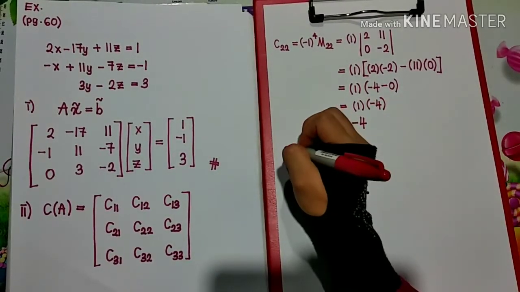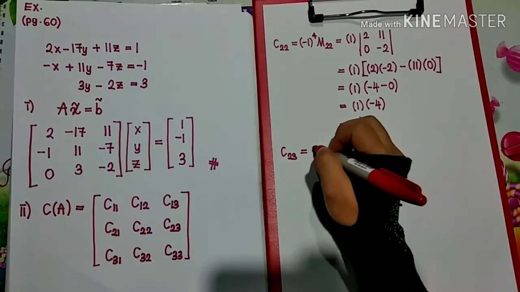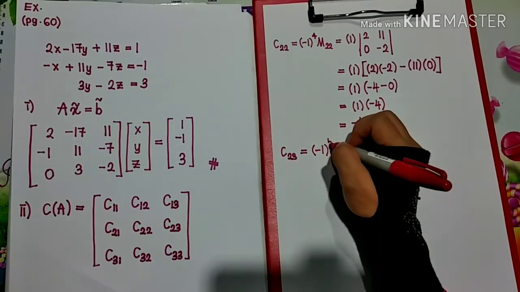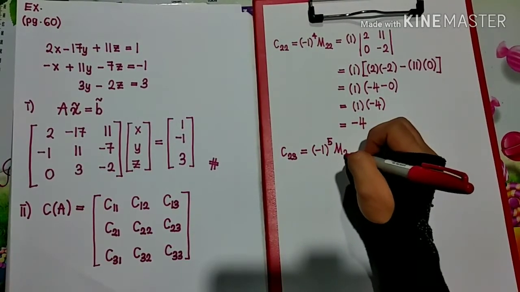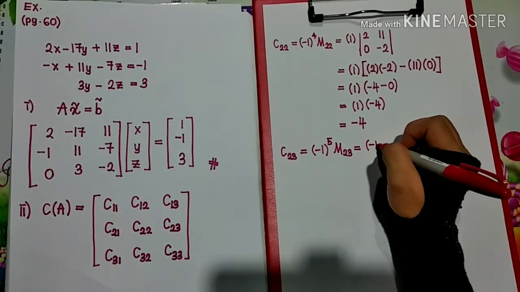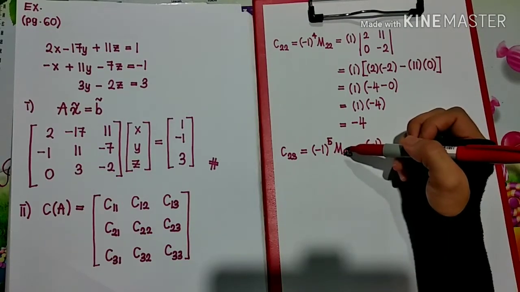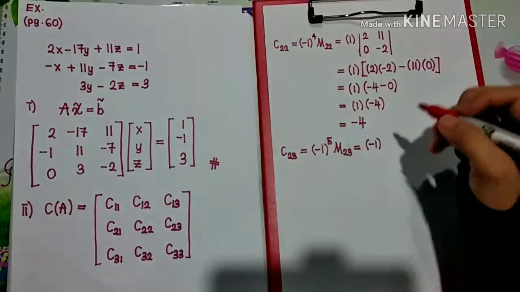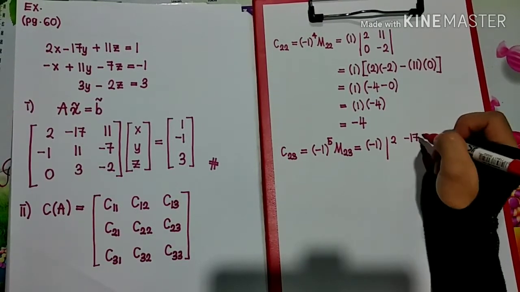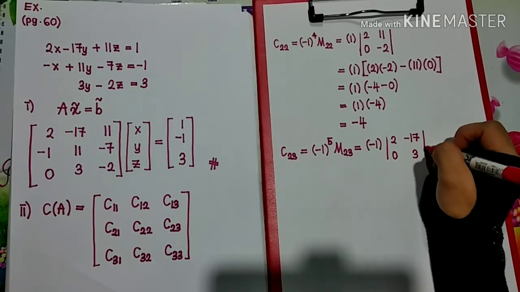Right, next we compute C23. So negative 1 power 2 plus 3, 5, and 23. So negative 1 power 5, negative 1, M23. You delete second row, third column. Second row, third column. So you will have here 2, negative 17, 0, 3.